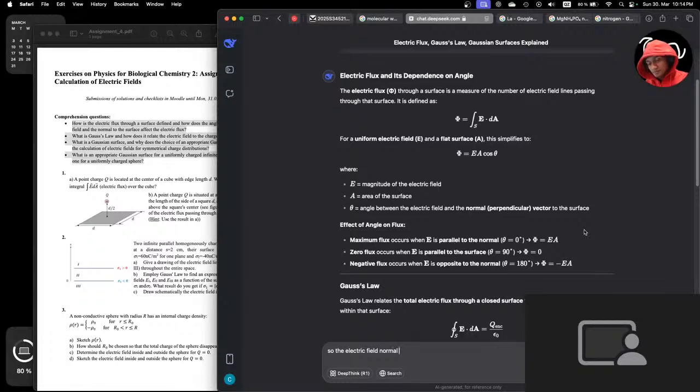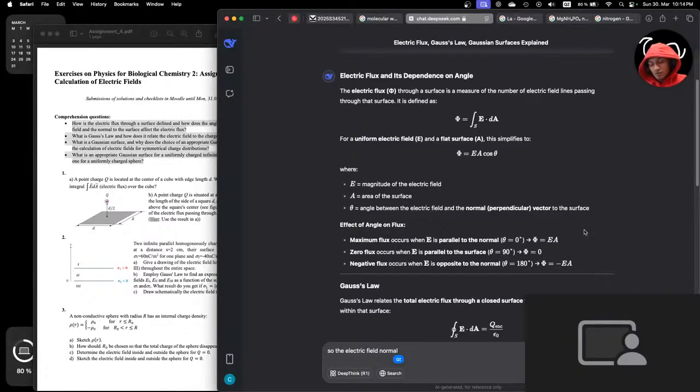Flux and its dependence. Oh, why did I write that? It's not how you write it.